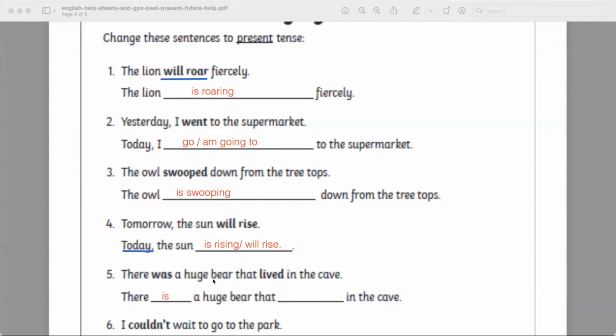So there was a huge bear that lived in the cave will be changed to there is a huge bear that lives in the cave. So lived will be changed to lives. Okay, well done.